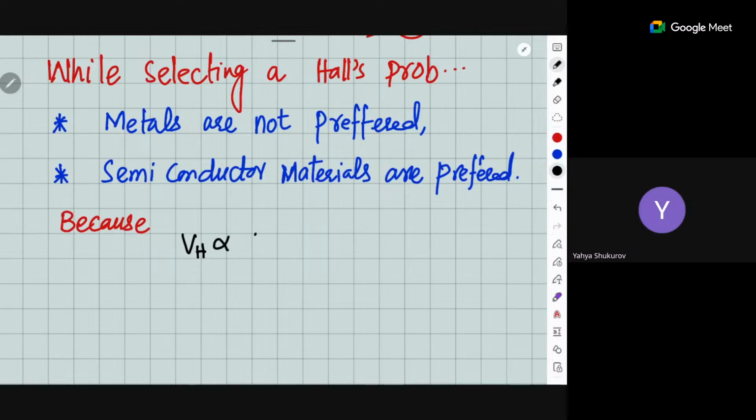Because Hall's voltage is inversely proportional to number density, right?